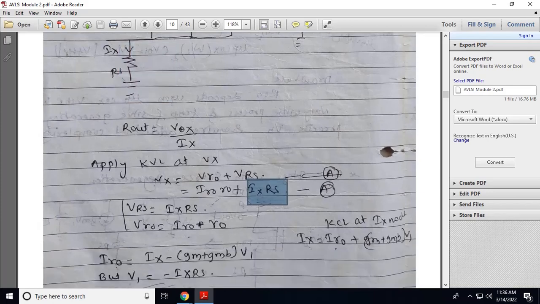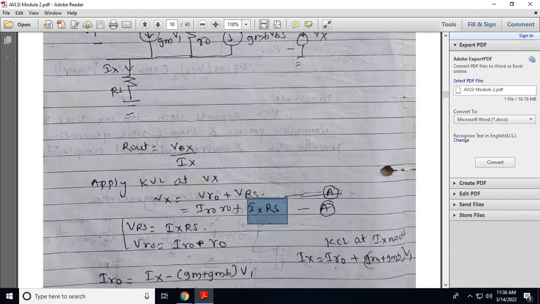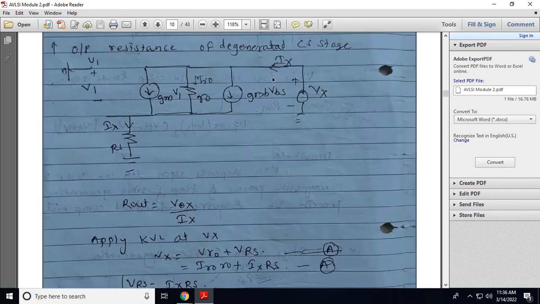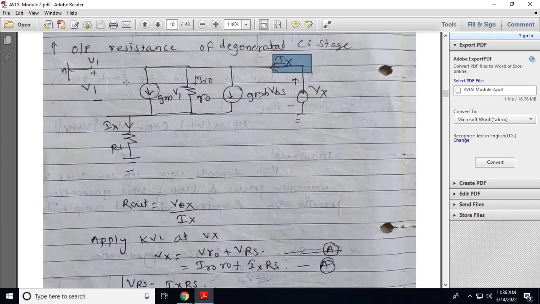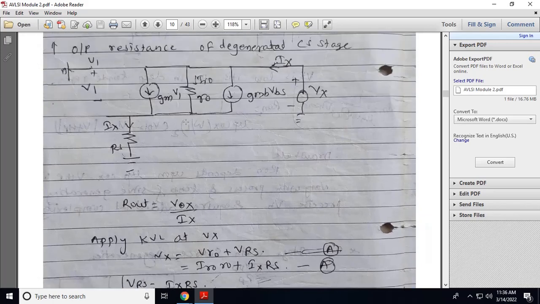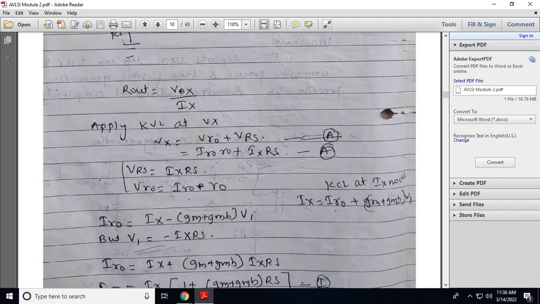Now we can apply the KCL at node X, that is Ix is equal to this current source plus IR0. So Ix is equal to IR0 plus GM into GMB multiplied by V1.